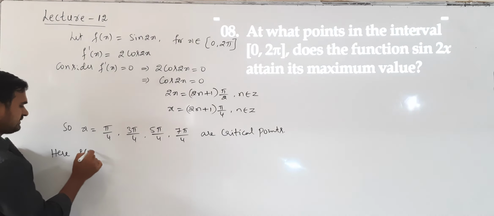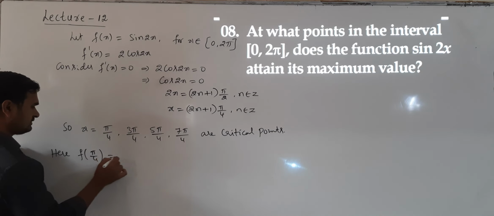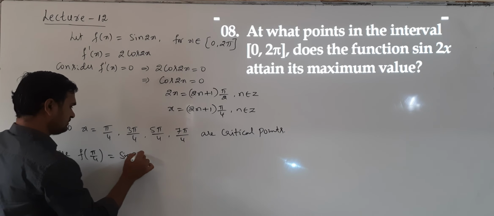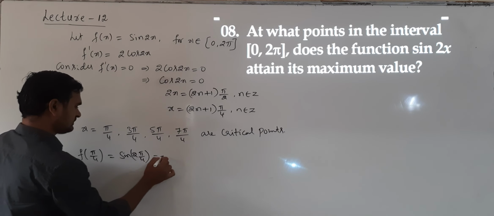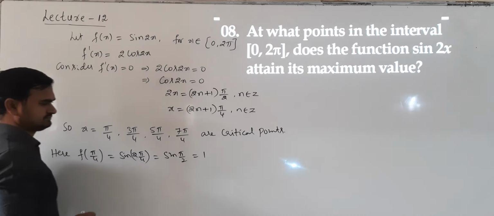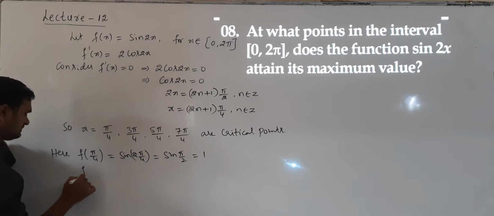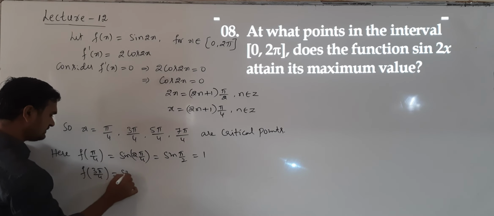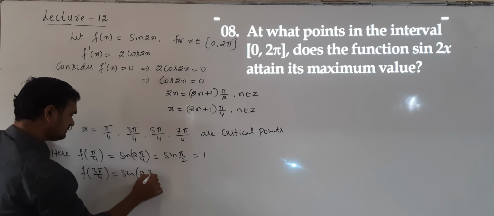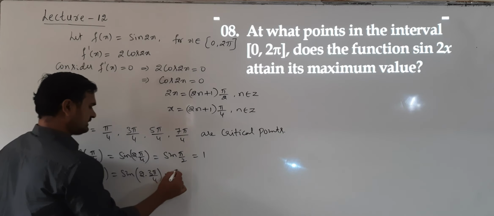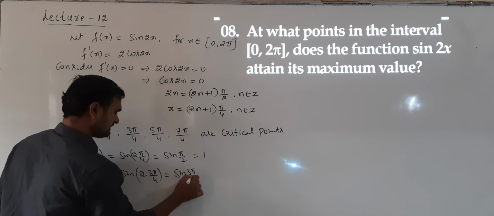f of pi by 4 means sin 2 into pi by 4, which is sin pi by 2, that is 1. Next, f of 3 pi by 4, which is sin 2 into 3 pi by 4, sin 3 pi by 2. What is sin 3 pi by 2?